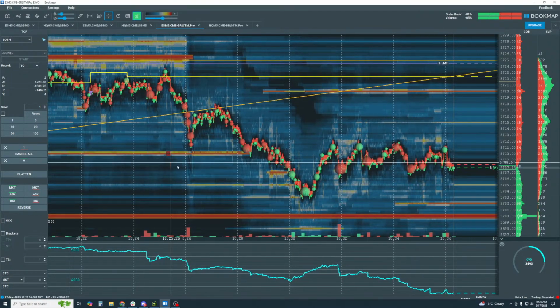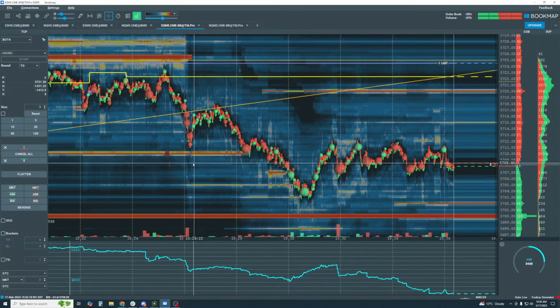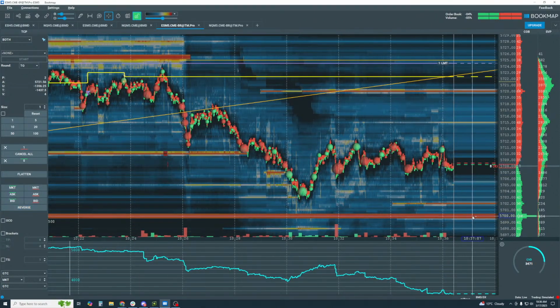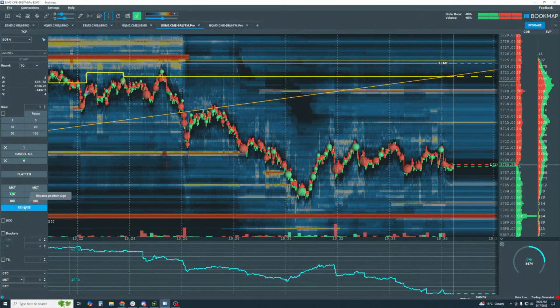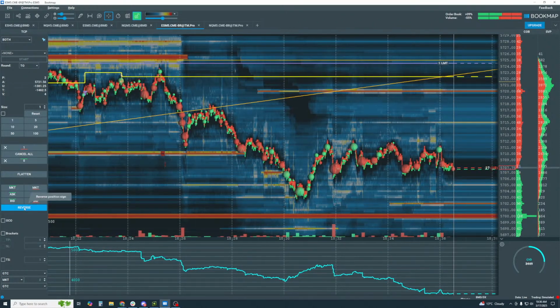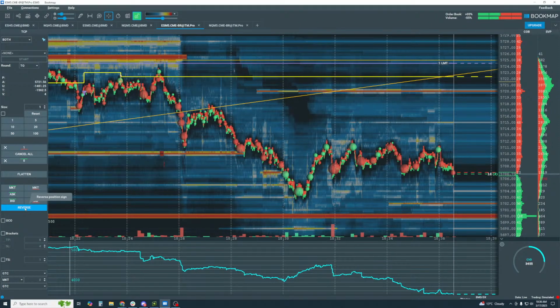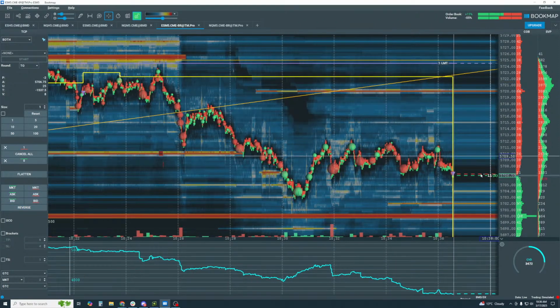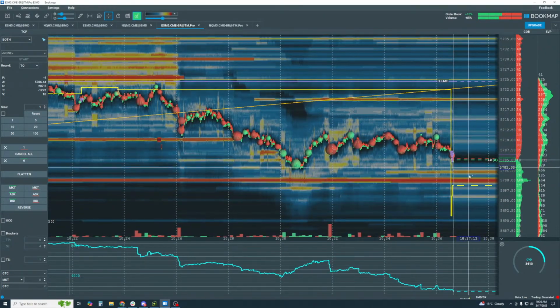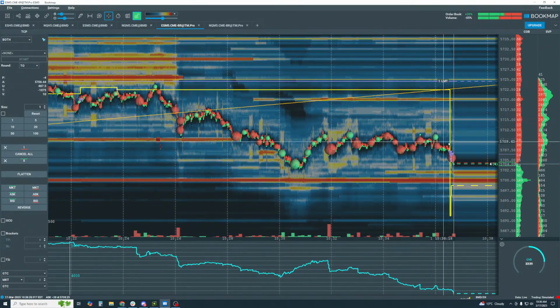So yeah, we could look to even just use the reverse button here, and then look for the move back down into the figure here. But we'll keep an eye on this right at this area here. Yeah, let's do it. And in fact, I'm going to add a couple more to it, and we're going to look for the flush through into the figure here.